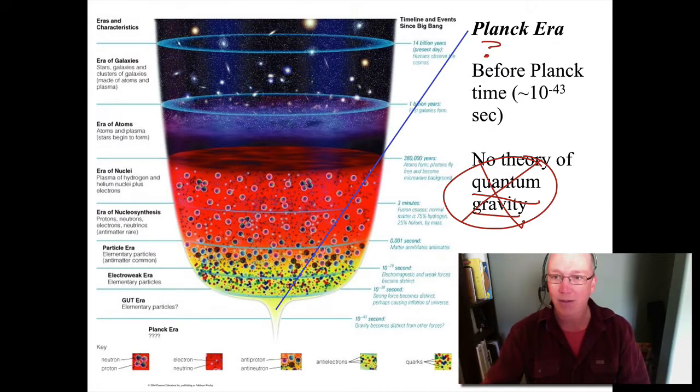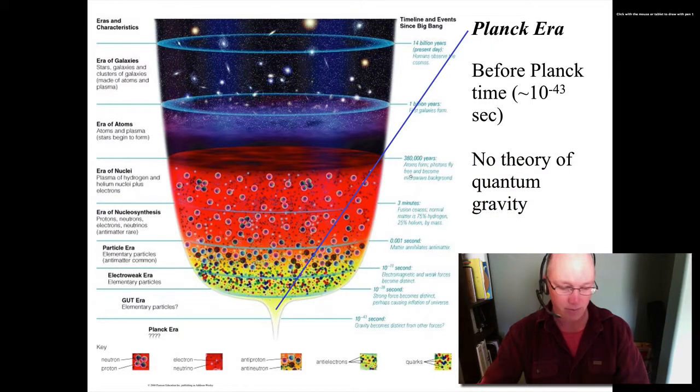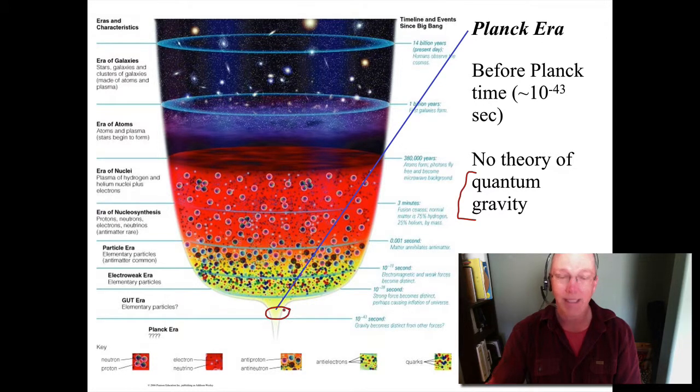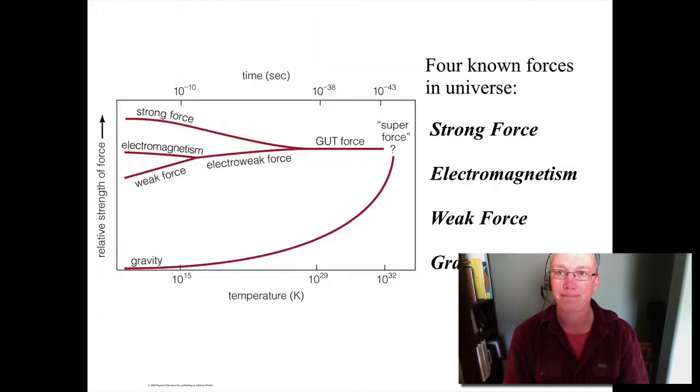So this is the area where we're expecting the next Nobel Prize, because we don't know what's happening with quantum gravity. But whatever is happening back here, it has to be dominated by quantum effects on large masses. And we just, at this point in physics, have to put a big question mark there.